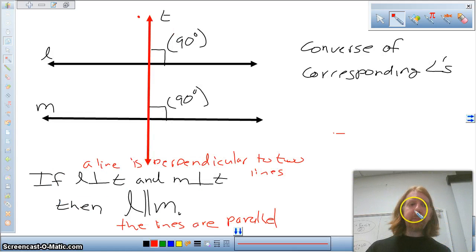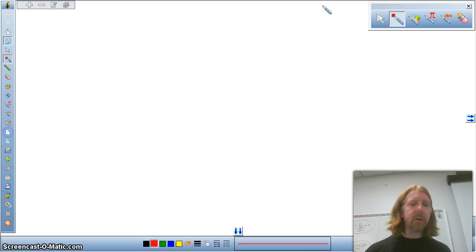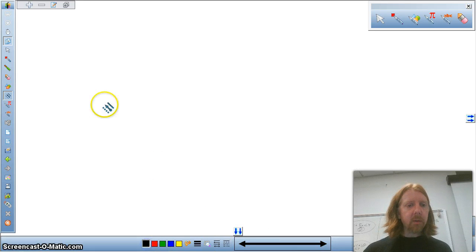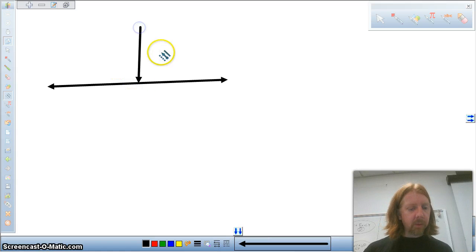There's one more I want to touch base on, but I think it's almost too easy to say. And that is the last of the theorems that this section provides for us. It basically says this. Let's say you have a line. So there's a line. On that line, I'm going to go ahead, I'm going to drop a ray. Okay, we'll go this way with it.